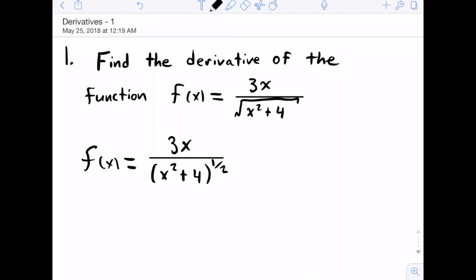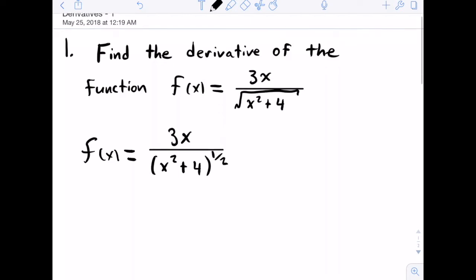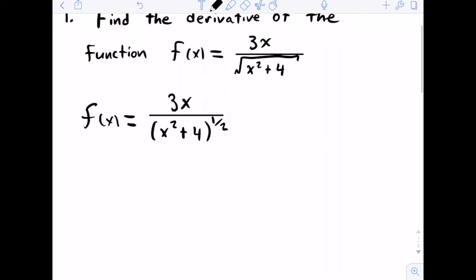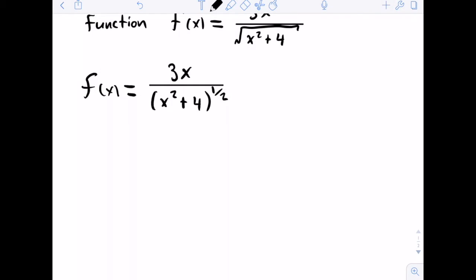But now we're in a fairly good situation because we just noticed that this is just some function divided by another function. And when we want to take the derivative of a function divided by another function, we use the quotient rule. So f prime is given by the quotient rule: low d high minus high d low over the square of what's below.